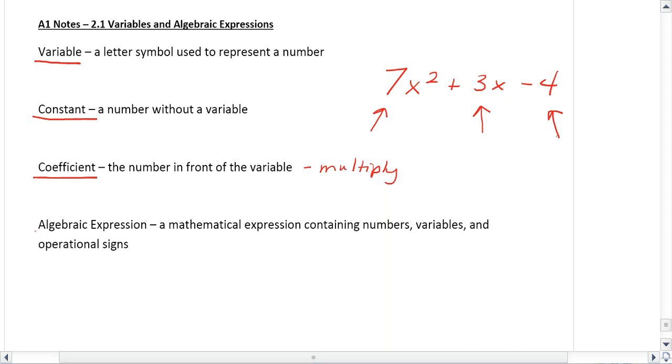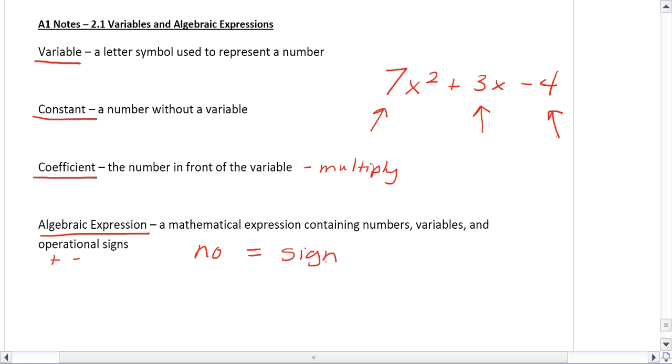An algebraic expression is simply a mathematical expression that has numbers, variables, and operational signs, meaning adding and subtracting, multiplying and dividing. What an algebraic expression does not have is an equal sign.